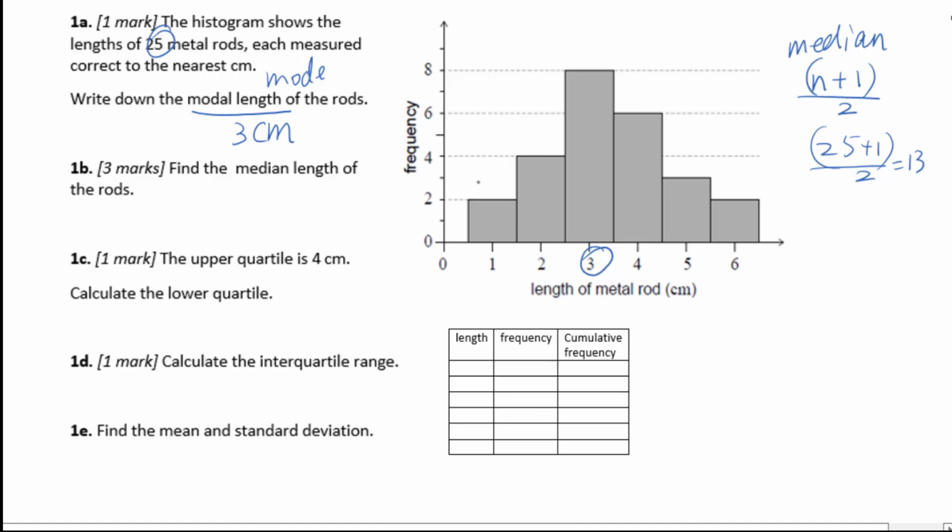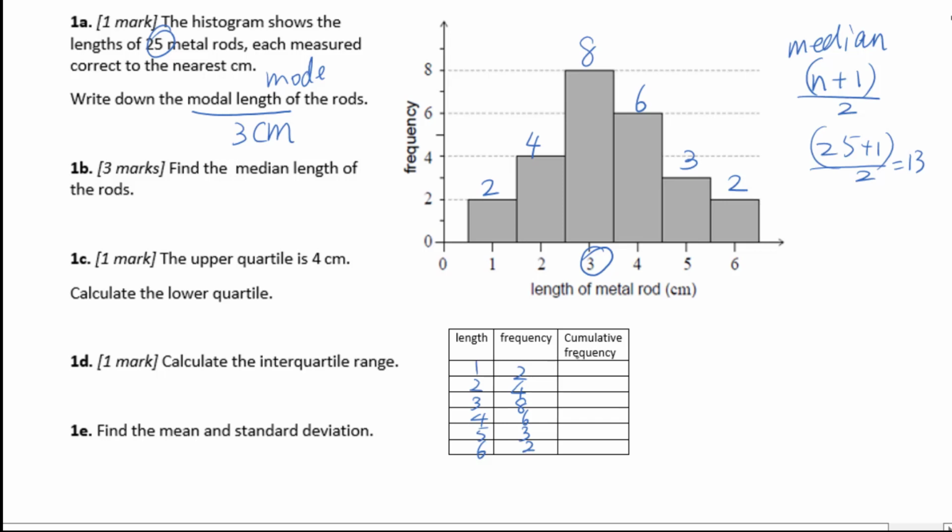Let's write down the frequency for each rod: 2, 4, 8, 6, 3, 2. Form this frequency table: 1, 2, 3, 4, 5, 6. Frequency will be 2, 4, 8, 6, 3, 2.